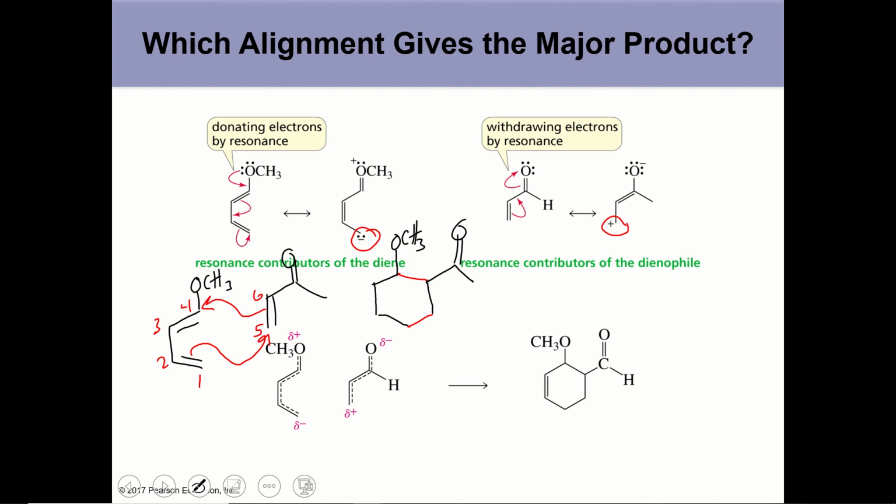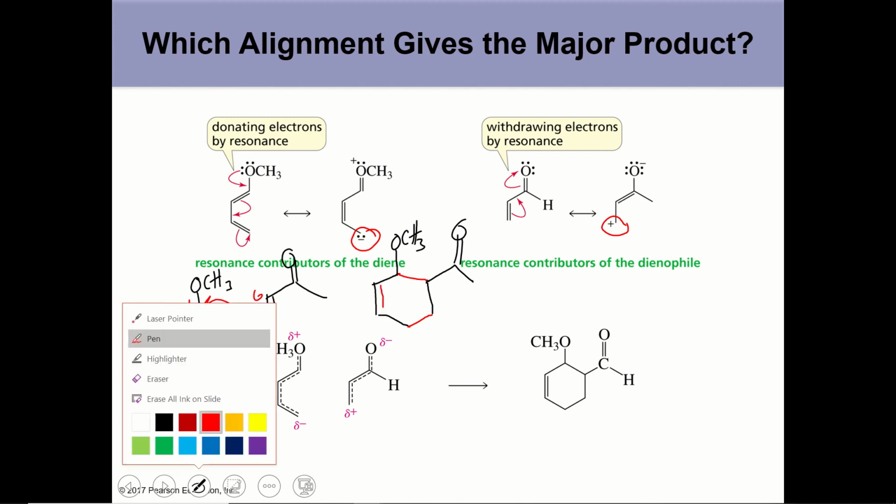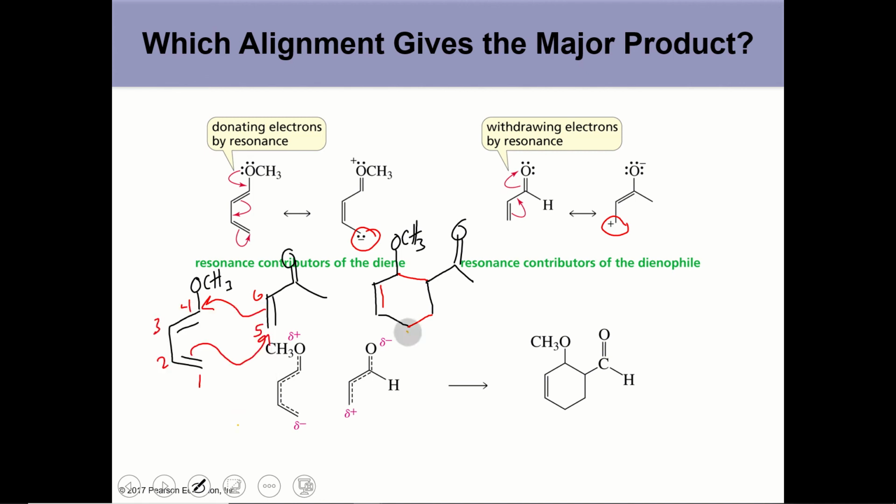And then we have our pi electrons that move to between carbons 2 and 3. And if it helps, I can label the carbons as I numbered them when I was determining the reaction. So 1, 2, 3, 4, 5, and 6. And notice that this gives us our final product here.